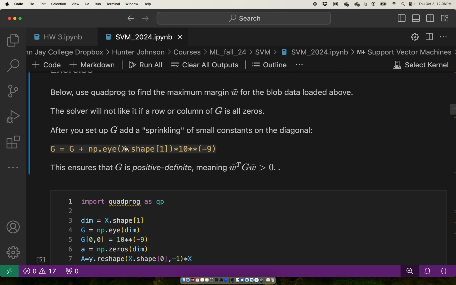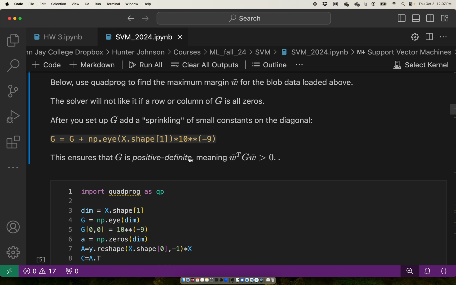See how this is the identity matrix, and it's multiplying each one of the ones in the identity matrix by 1/1,000,000th, just to stop numerical problems from happening if the matrix is linearly dependent or something like that.